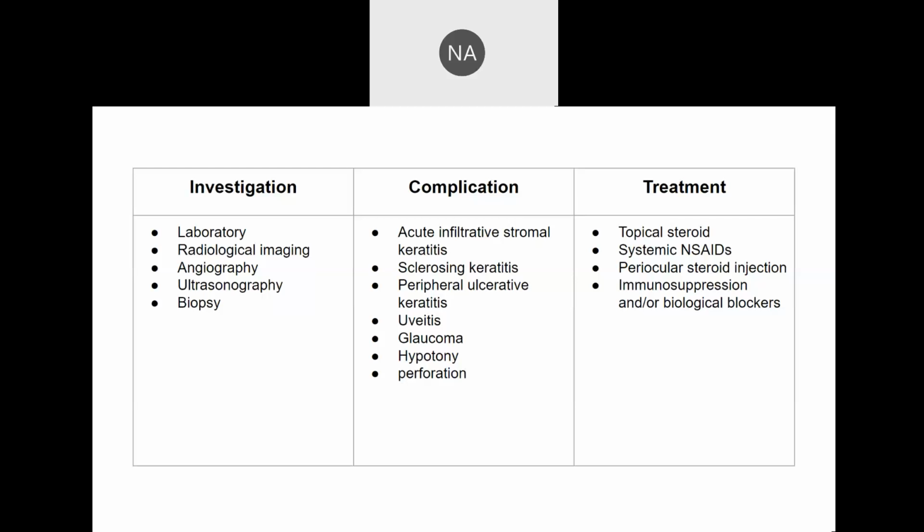For treatment of immune-mediated scleritis, we can give topical steroids, systemic NSAIDs, periocular steroid injection, and immunosuppression and or biological blockers. While for infectious scleritis, we need to treat the underlying causes. Okay, that's all from me.